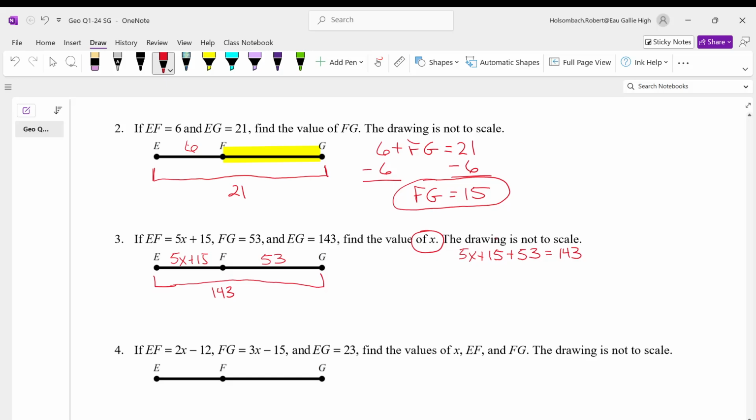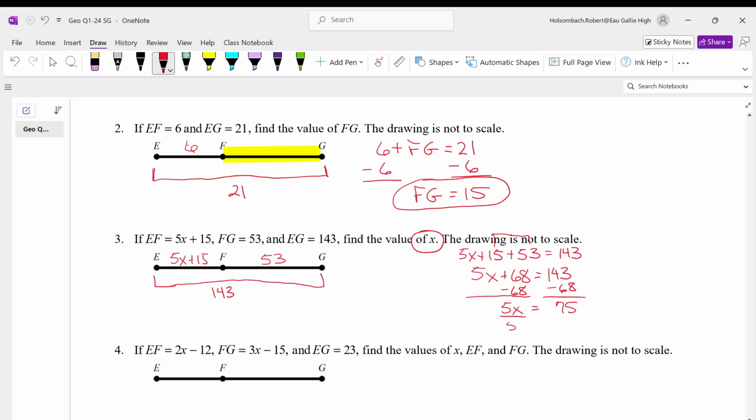You have to combine like terms here. So we're going to get 5x plus 15 plus 53 is 68. That's equal to 143. Going to subtract 68 from each side. This 5x falls down, and it's equal to 143 minus 68, which is 75.